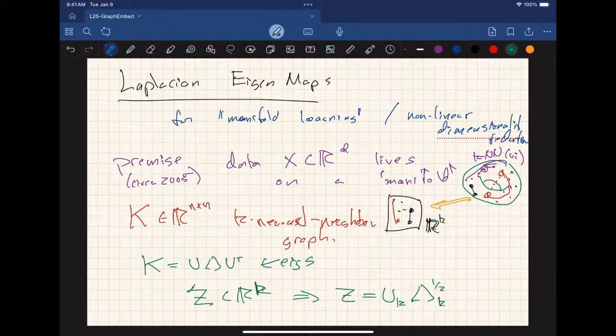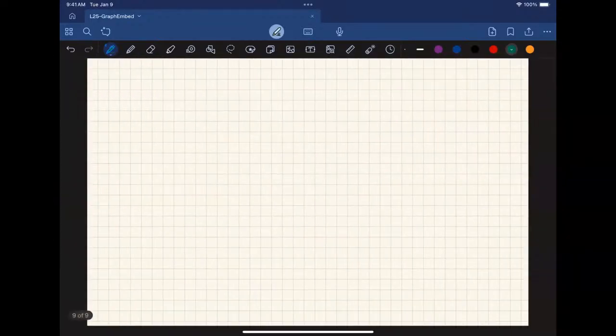Okay, and so this is Laplacian Eigenmaps. If you want to do manifold learning, this is one approach that you can use. It has advantages and disadvantages. So it's another way of doing a graph embedding, where you assume the graph is a k-nearest neighbor graph lying on a manifold. Again, circa 2005.